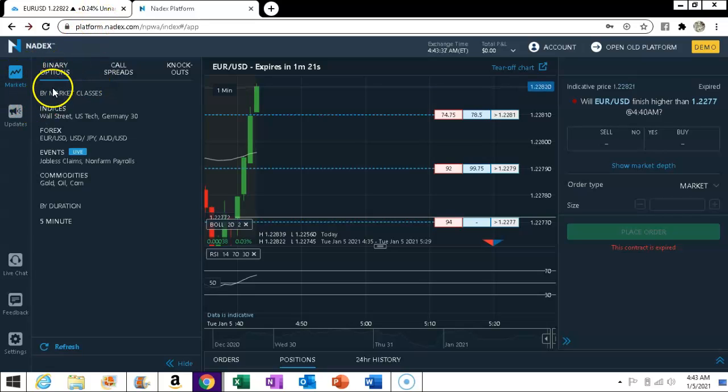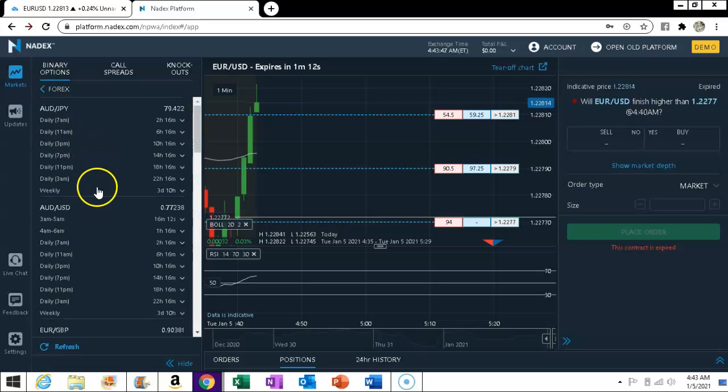So I don't choose this one. When you choose the Forex on the hourly, this is what it's going to look like. And these are different expiration times that you'll have.